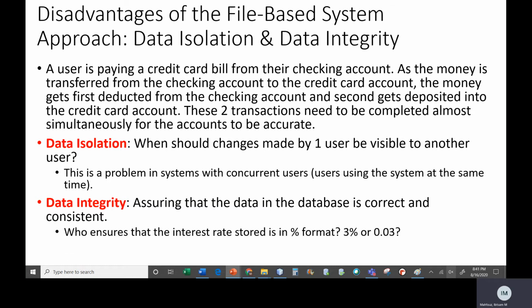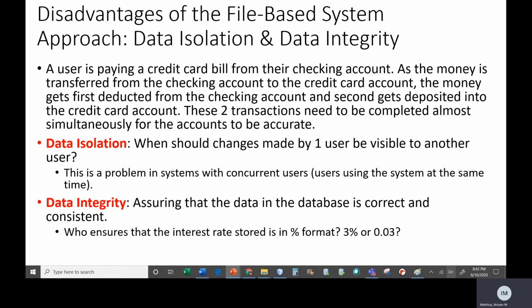Okay. Another form of data integrity is how information is stored. So if I was to look at a 3, the interest rate, for example, and I see a 3, does that 3 mean it's 3%? Or here, when I look at 0.03, is 0.03 3%? So when you are storing information, you want to make sure that everyone is storing the information in a consistent way.